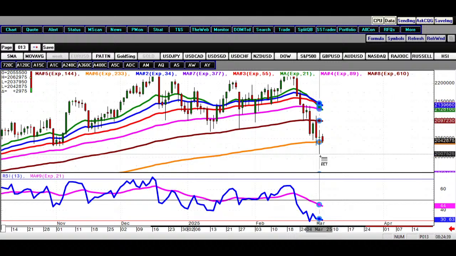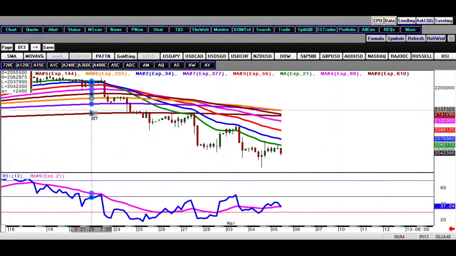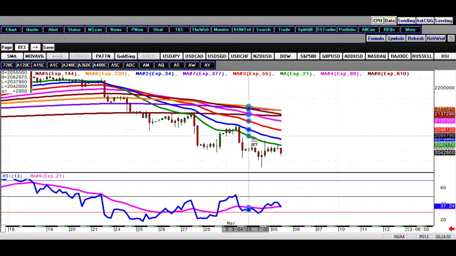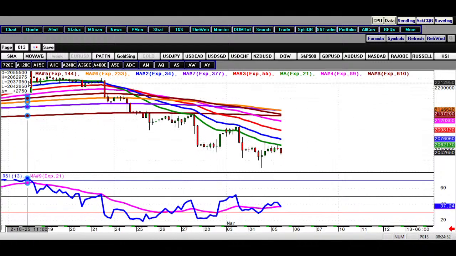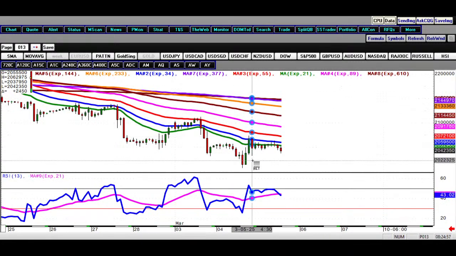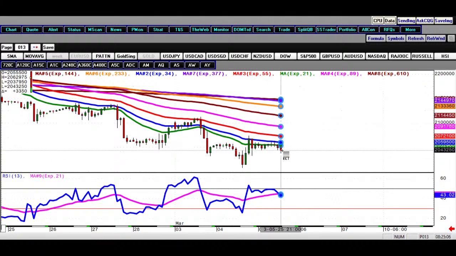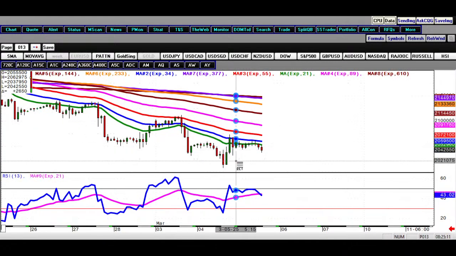So if this level holds, then this might be the low. As far as the daily is concerned. But as far as the hourly is concerned, this is still within the range. So we have to see whether that 20320 breaks, and if it breaks, then we can expect this price to test the low, and it can go lower.